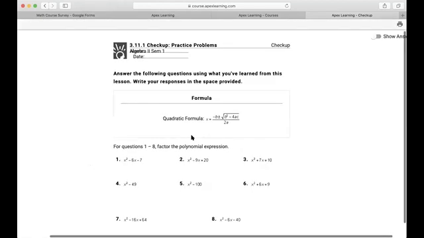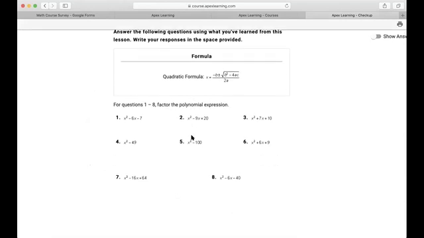Moving forward, it says factor the polynomial expression. A lot of these depend on whether you can make it a perfect square, or whether you can use your p plus q approach.